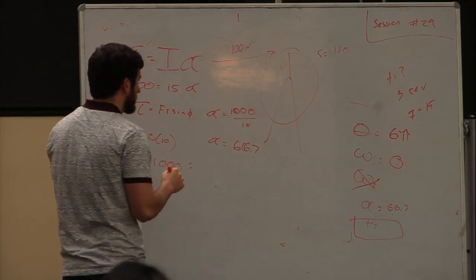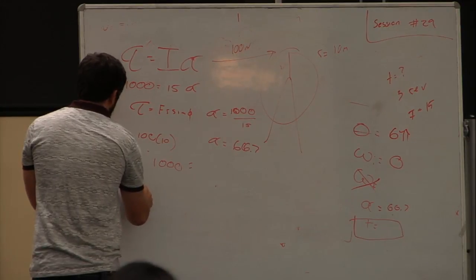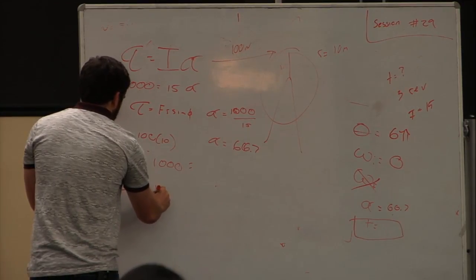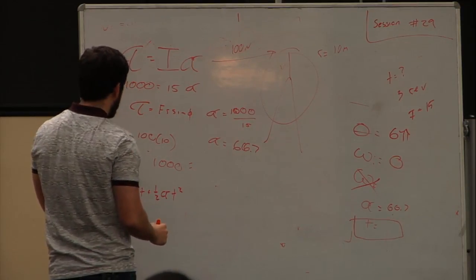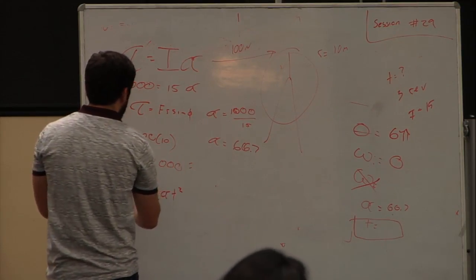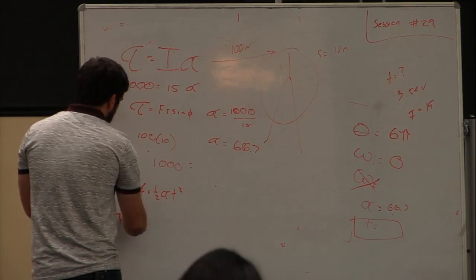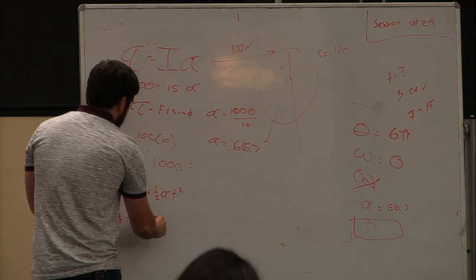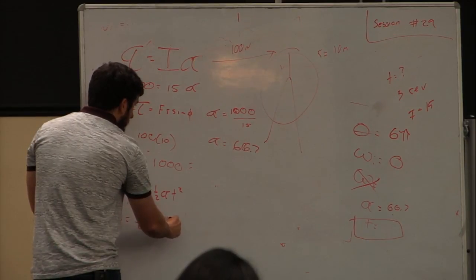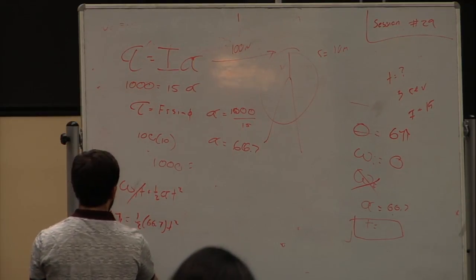Omega initial equals 0. 1/2 times 66.7 times t squared. So that gives you 12 pi divided by 66.7, square root. And that would give you your time. That would be a good comprehensive problem because you're using torque and angular kinematics.